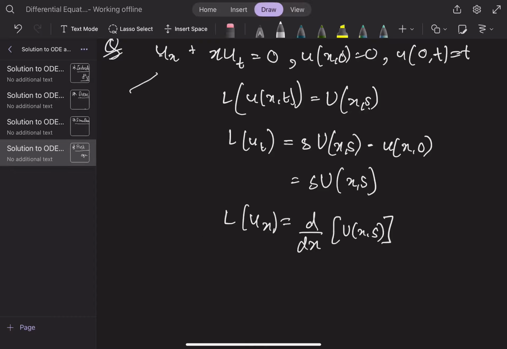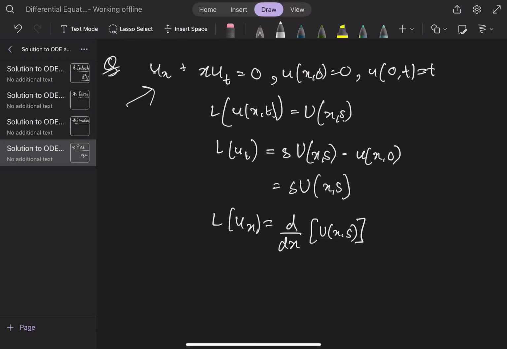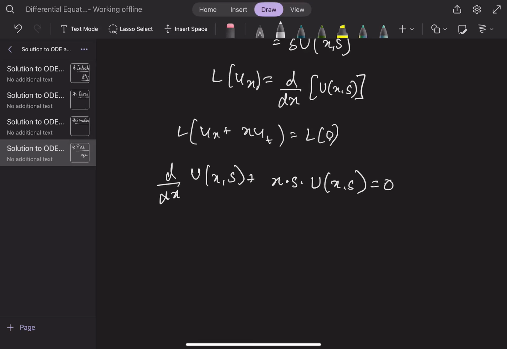Now let's replace it in the original equation. Let's take Laplace on both sides. Laplace of ux plus x ut is equal to Laplace of 0. So this becomes d by dx U of x comma s plus x s U of x comma s is equal to 0. Now let's solve this.